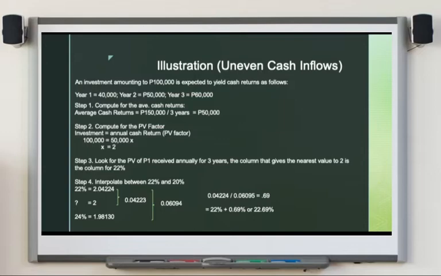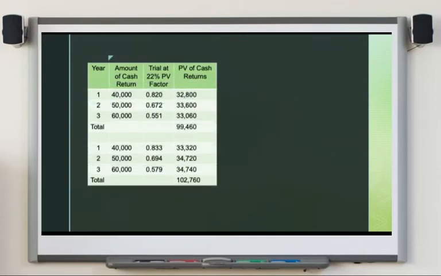But since this one is uneven cash inflow, we cannot simply use the percentage directly. We need to compute first for the total amount using the present value of 1. Therefore, the proper computation of interpolation should be like this.